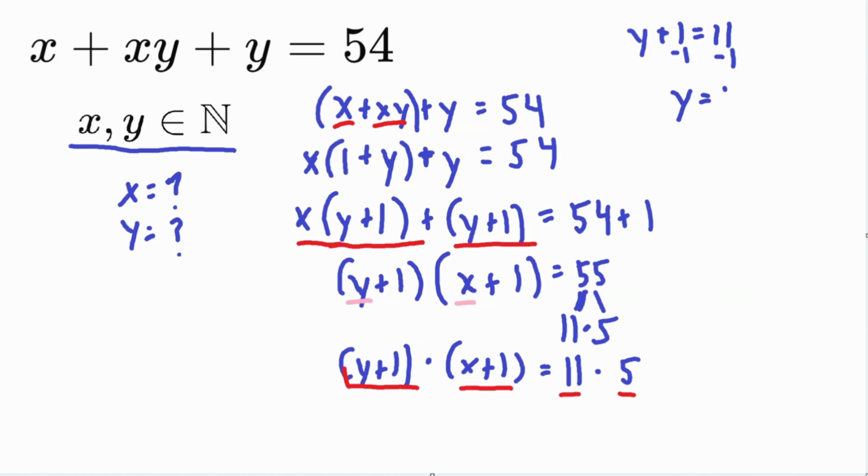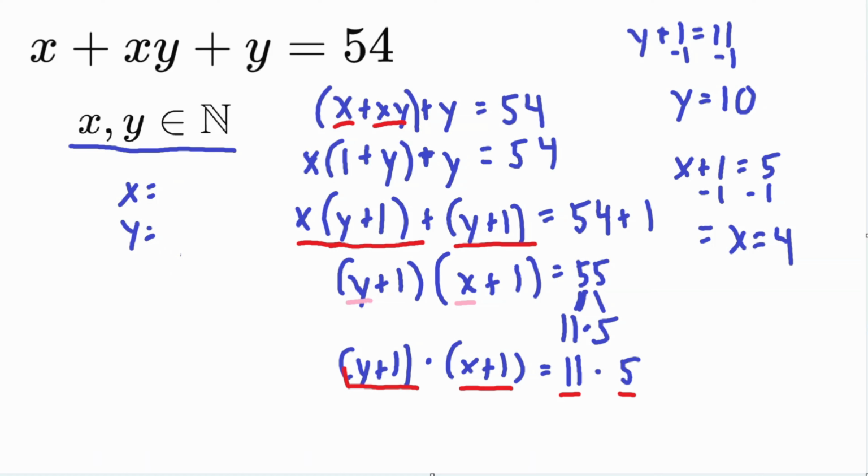And this gives us y is equal to 10. And then our x plus 1 is equal to 5, right? And then we subtract 1, and we get that our x is equal to 4. So here we get that our x is equal to 4, and our y is equal to 10.